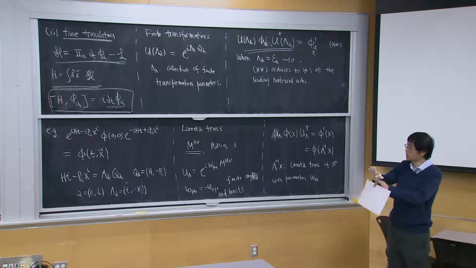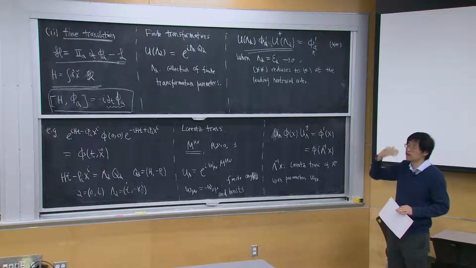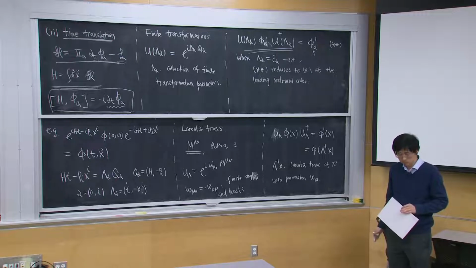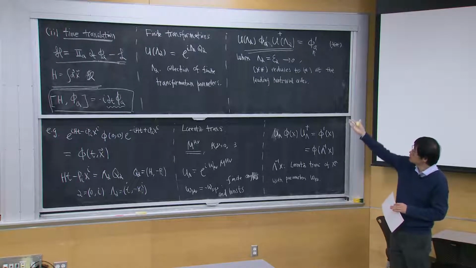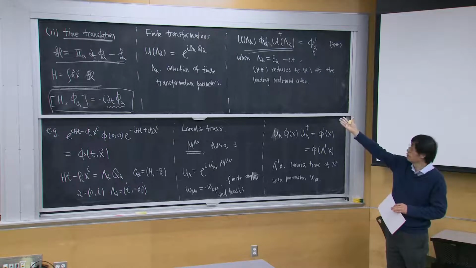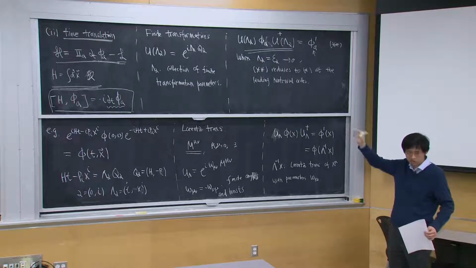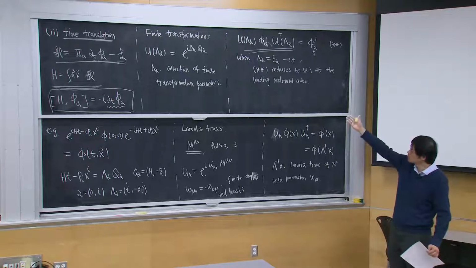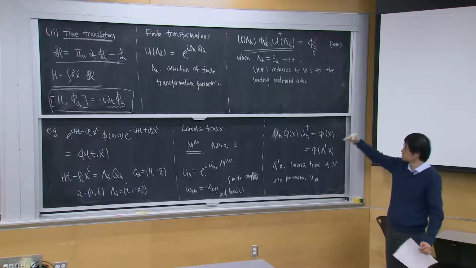It's like the composition of infinitesimal transformations. Exactly. If you do the composition of the infinitesimal transformation, you will get that. The reason I write this down explicitly is that you should have already seen this in quantum mechanics, because that's how you do the angular momentum. Here we just generalize it to general symmetries.